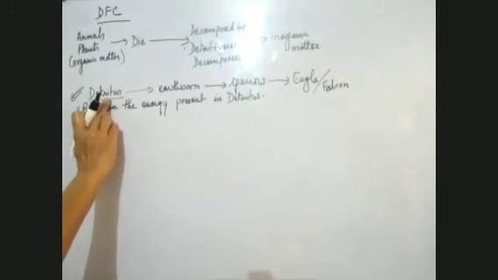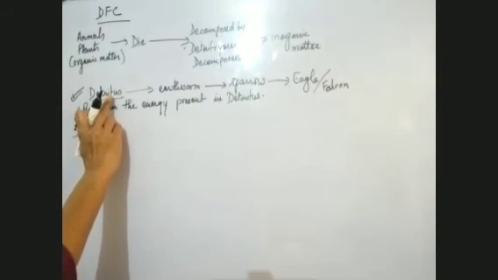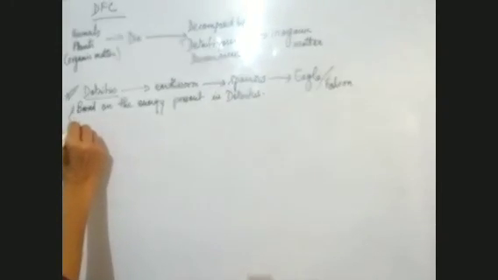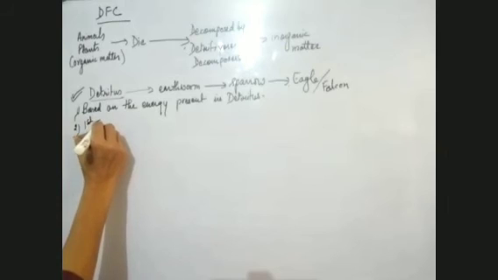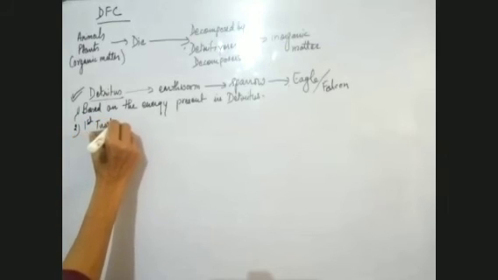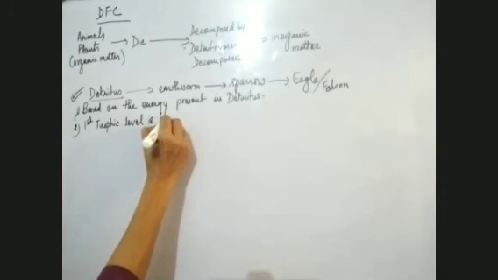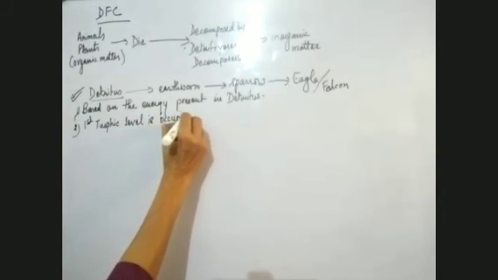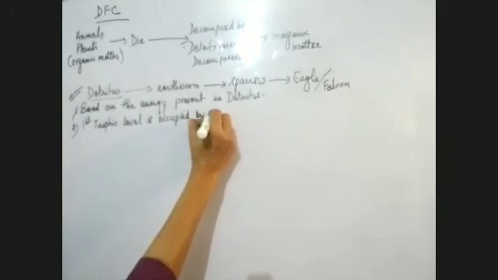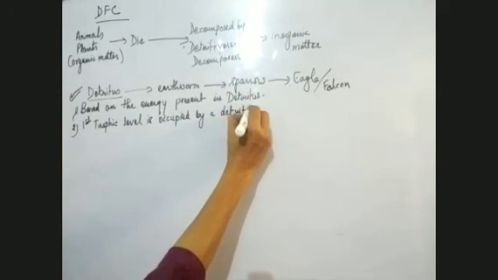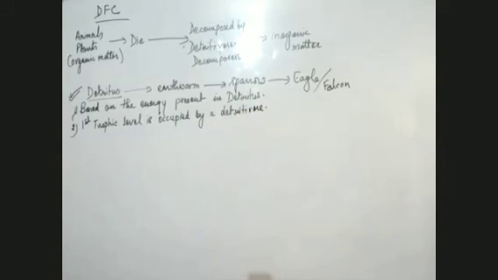So how is the detritus obtained? This detritus is obtained when it was eaten up by a detritivore. So the first trophic level is occupied by a detritivore.